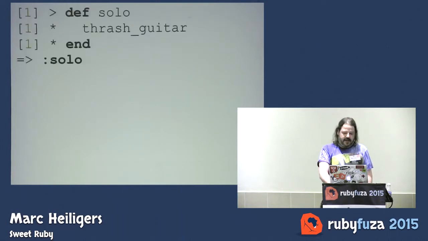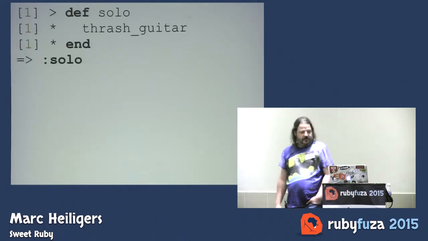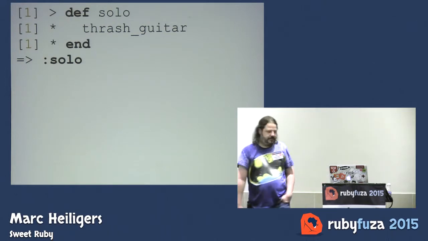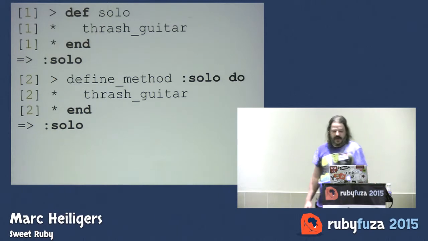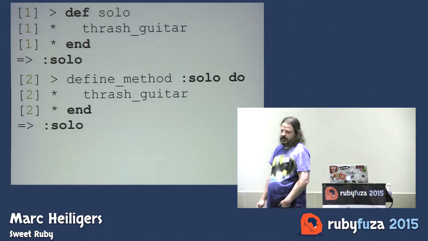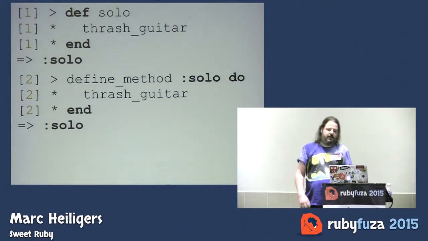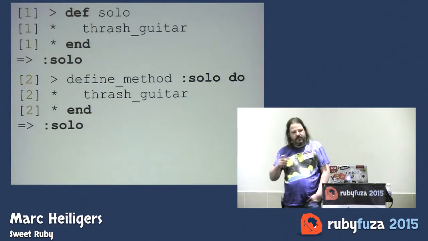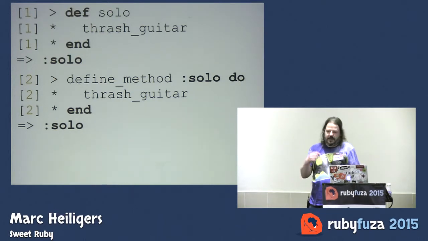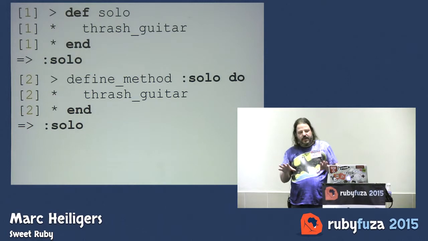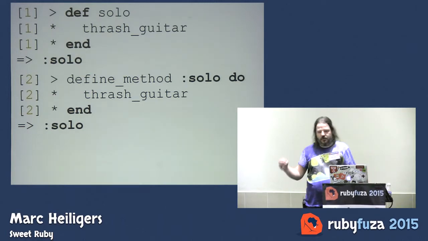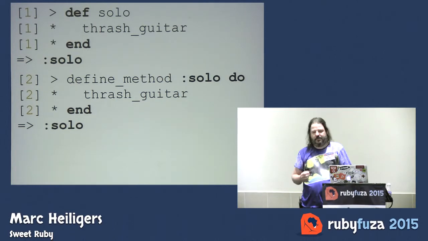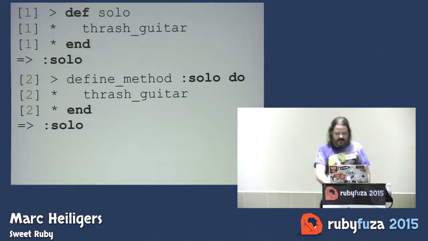When we define methods, we get a symbol returned. And if you use define_method, you also get a symbol returned. And what I'm trying to get at here is that there's two different ways of doing the same thing. And when you start thinking about having these two different ways of doing the same thing, you might find code that you can extract, like the can method, for example, which makes your code neater.